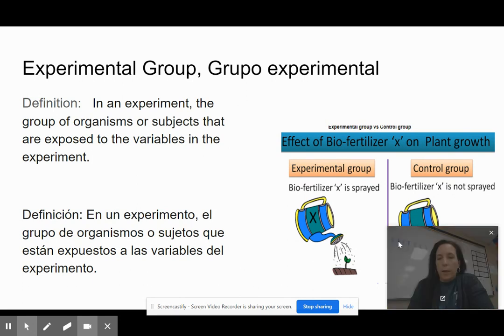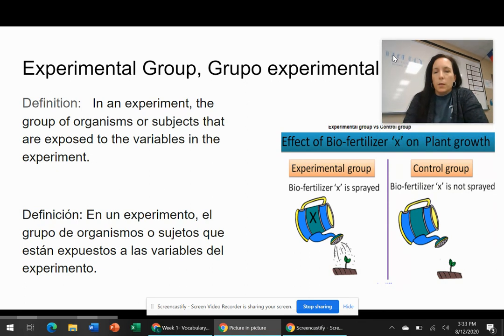Down here it shows you the effect of biofertilizer X on plant growth. The plants are going to grow no matter what. But I put the fertilizer into the can with the X on it. So that's the experimental group. Does that make sense?